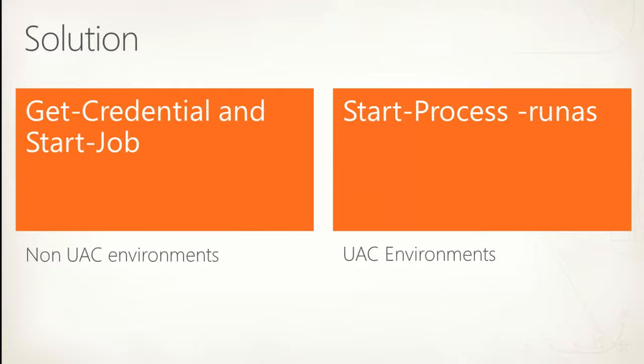If we are in a UAC environment, we need to use a different commandlet called Start-Process and tag this with the RunAs so that we force user account control to request elevated permission to make the change. Now, let's be clear here. Whichever one of these we choose, we are still running that commandlet under the context of the farm account. It's the only way to get this working without fiddling with SQL Server.